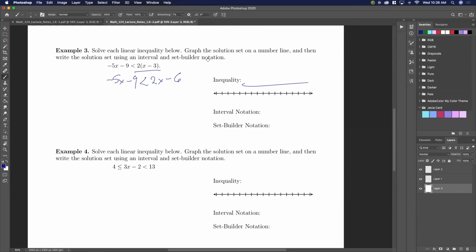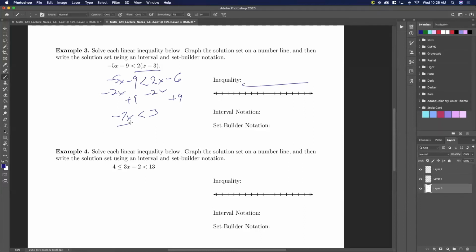It looks like most people moved all the x's to the one side. So you minus 2x here, minus 2x here. You added a 9, added a 9. So here I have minus 7x less than positive 3.